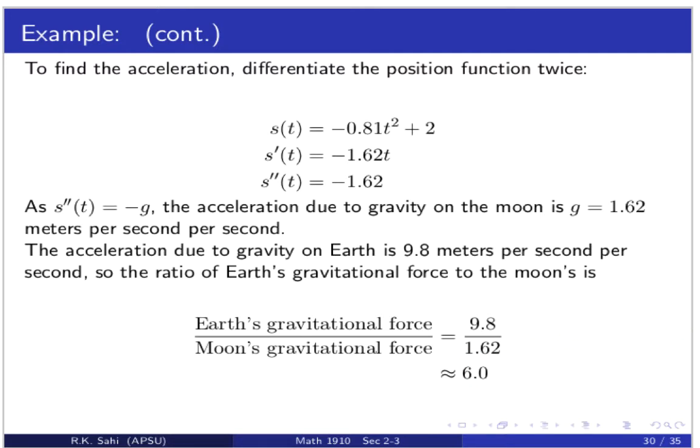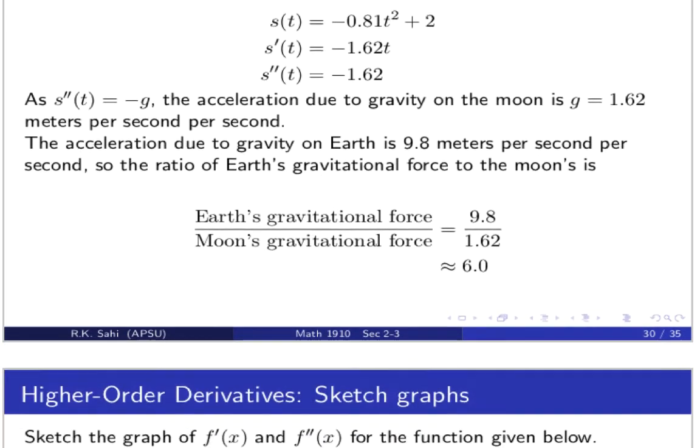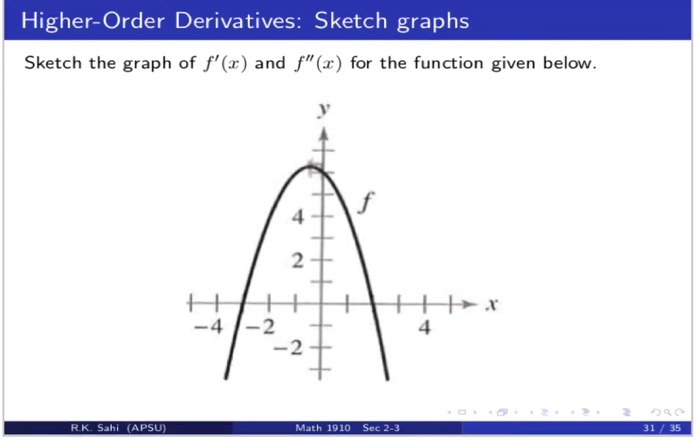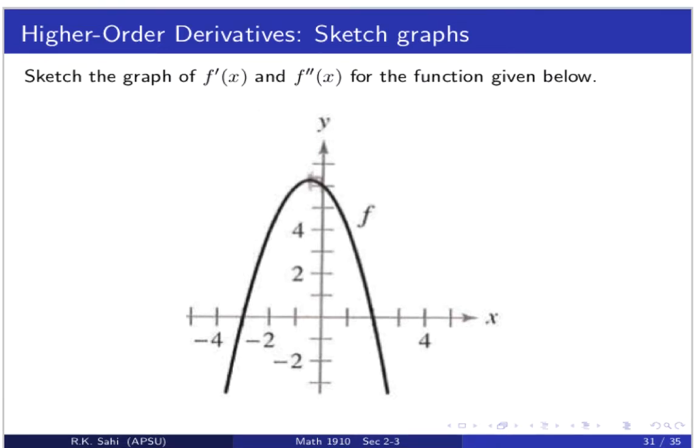Now let's look at some sketching, because we know we can show graphs of these functions. We'd like to sketch the graph of f prime of x and f double prime of x for the function below. Remember earlier I said, let's talk about this one. Remember we talked about f of x equals x to the 5. If we took the first derivative, we had 5x to the 4. Remember, it was a fifth order polynomial.